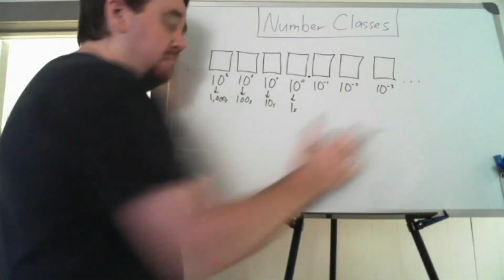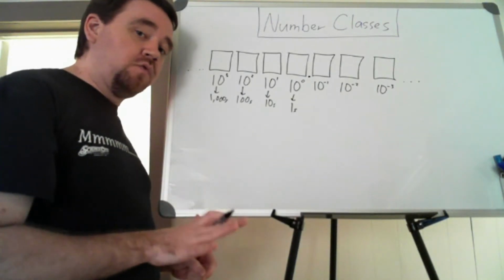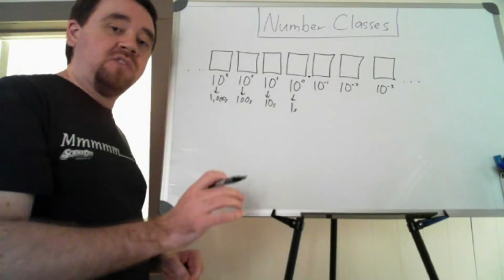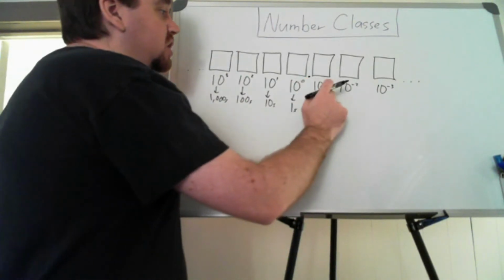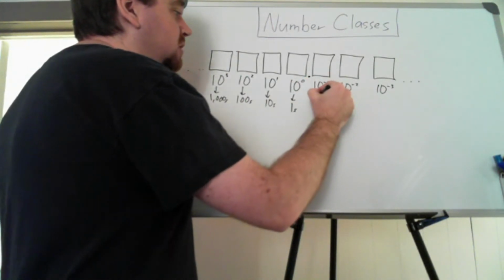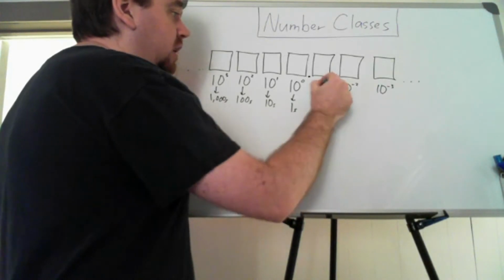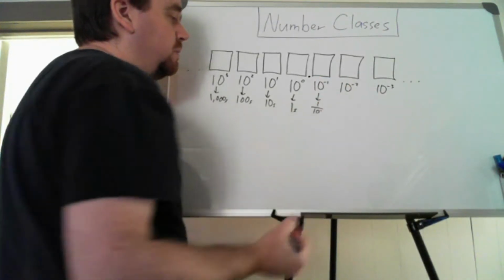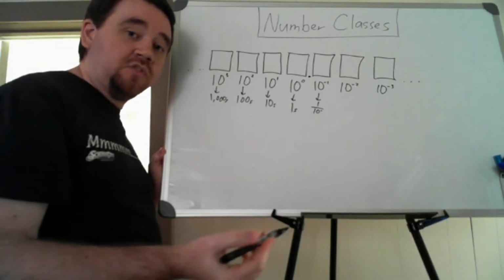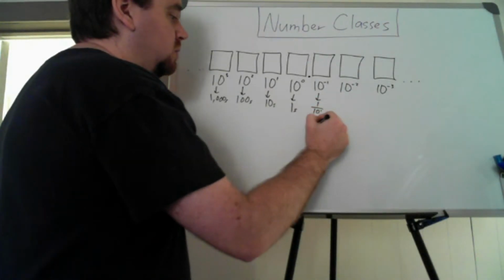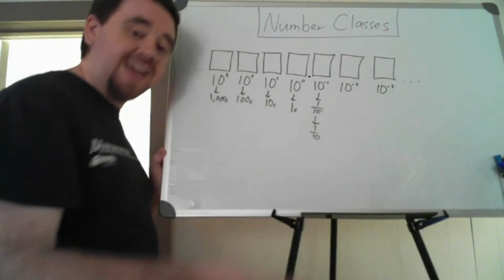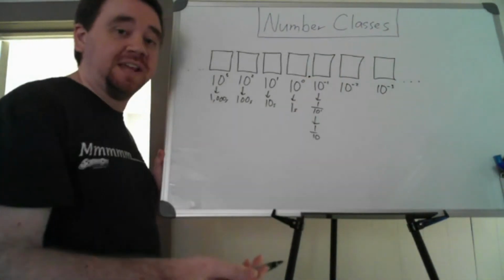Now here may seem a little more complicated, but don't fret. Remember, a negative exponent means I just take that power and move it to the other side of the fraction. So this is going to move into the denominator. So this is really 1 over 10 to the 1. And 10 to the 1 is just 10. So this is really 1 over 10, or 1/10, or the tenths place.